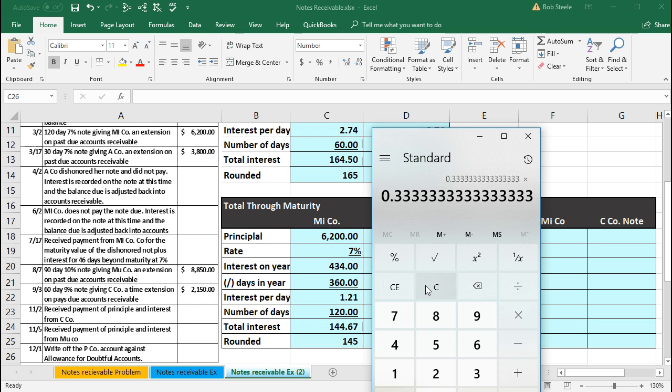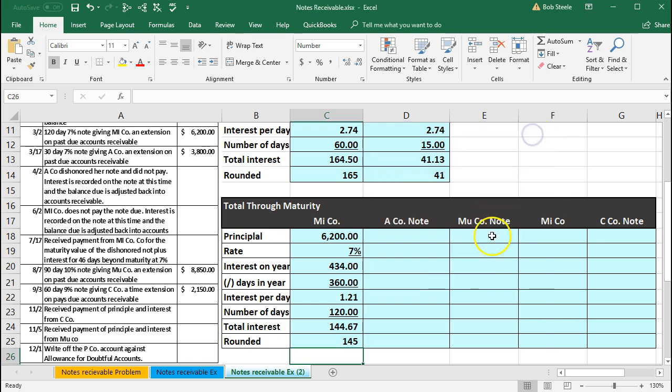If we take that times this interest, 434 per year, we get that same 144.67. So a couple ways you can calculate that. Again, this is the most intuitive way to calculate it to me, but you might see it any different way, and you kind of got to figure out your method and reconcile to whatever method's being used and shown. Okay, so we're not going to do anything with this number yet because it's not due yet.